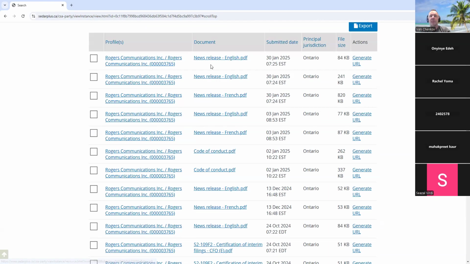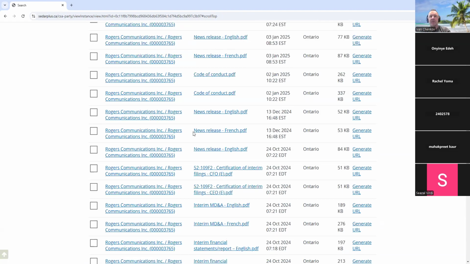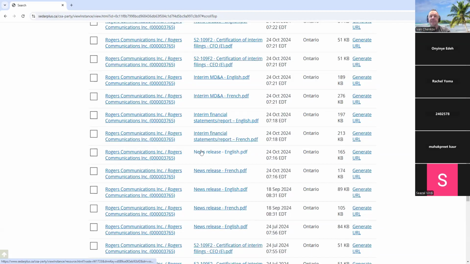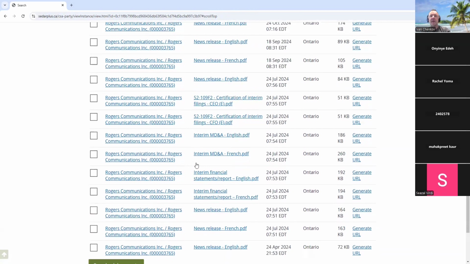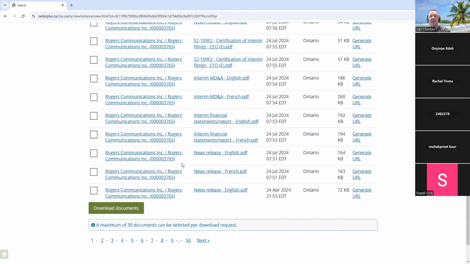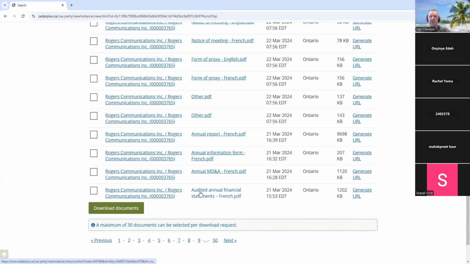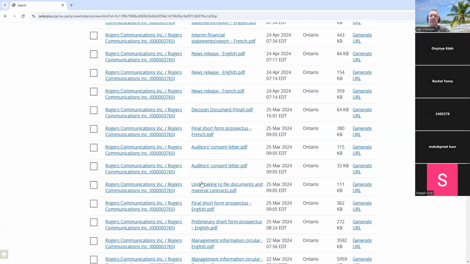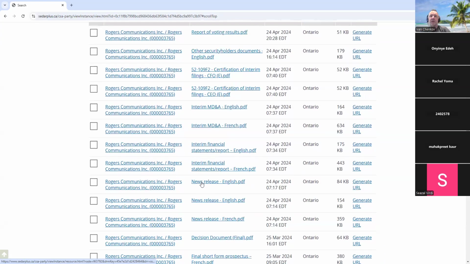So those are the documents which this company posted. You can see here a lot of documents. They have interim financial statements in French and in English, news releases, interim financial statements in English again. You can download any of those documents. You have the management discussion and analysis report in French, management information circular, all the different documents that you may need.